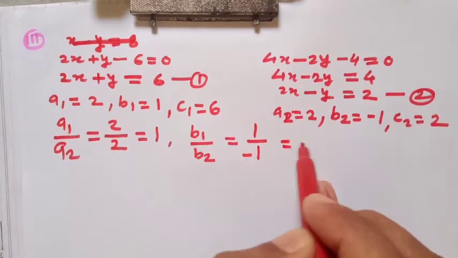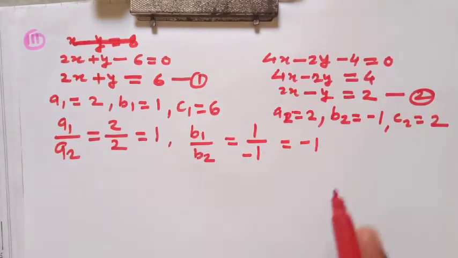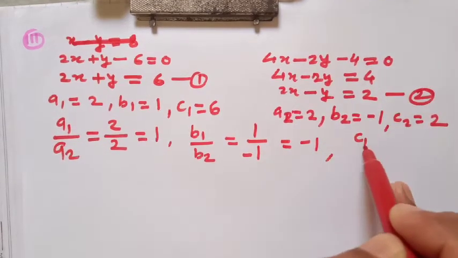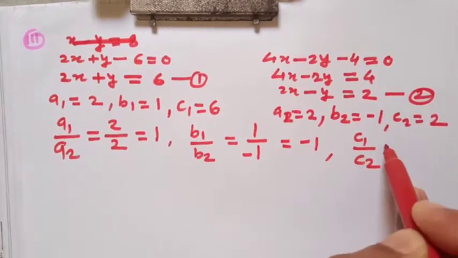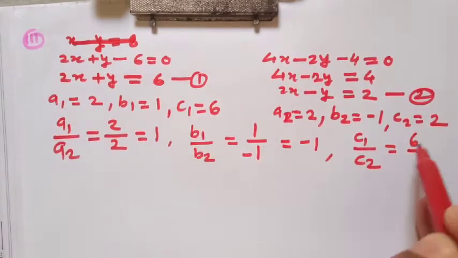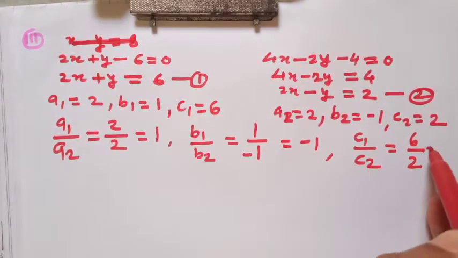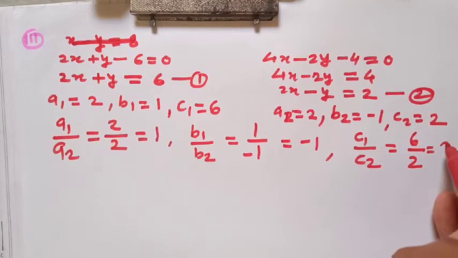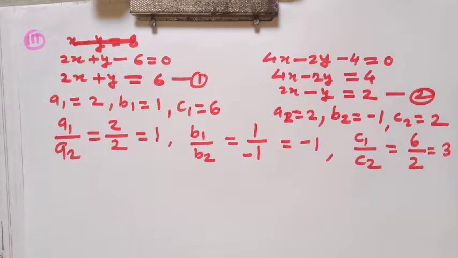It means the value will be minus 1. Okay, now c1 upon c2 is equal to, c1 is 6, you can see here, and c2 is 2. It means you can say 2 threes are 6, so 3.